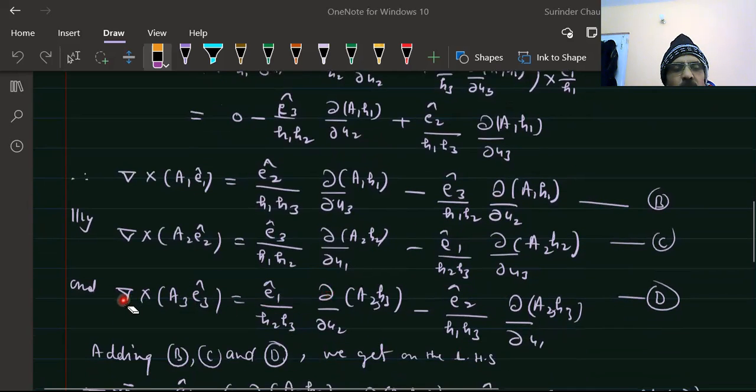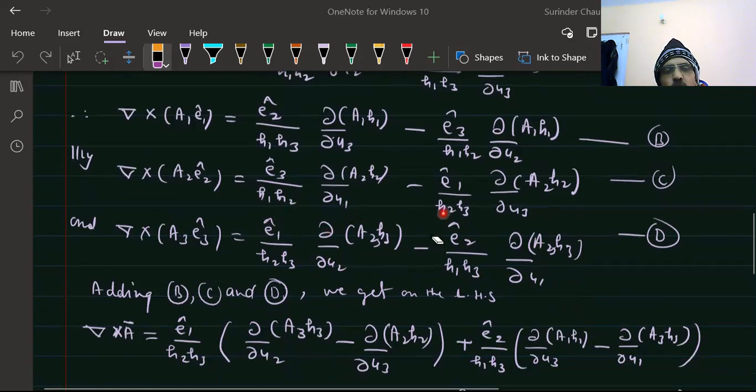And similarly the curl of a3 e3 is equal to e1 upon h2 h3 partial with respect to u2 of a3 h3 minus e2 upon h1 h3 partial with respect to u1 of a3 h3.